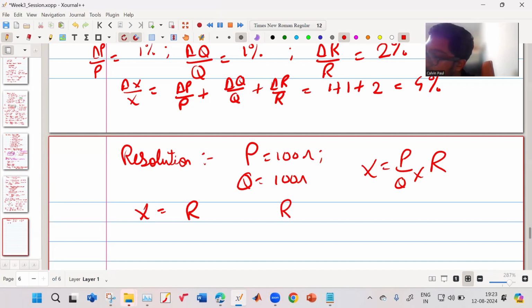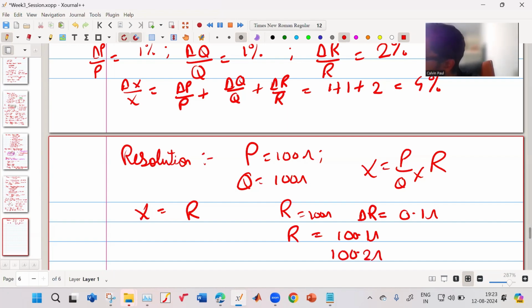Now R can be changed. Suppose R was 100 ohm. It can be changed only in steps of 0.1 ohm. So R can either be 100, or 100.1 ohm, or 100.2 ohm, or 100.3 ohm, but it cannot be 100.25 ohm. This is not possible; these are possible.